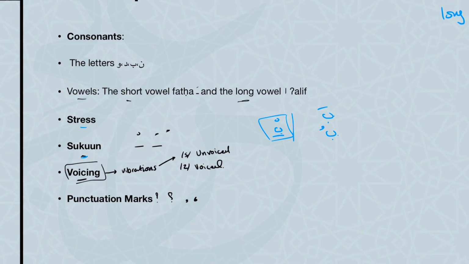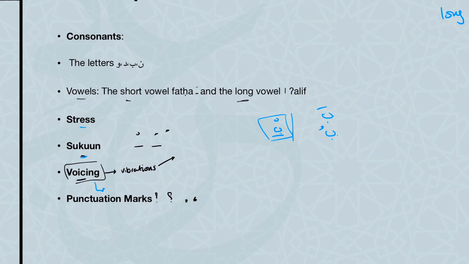And then we learned a concept called voicing. Voicing is a very fun concept that you can experiment with in your free time. Voicing in phonetics is your ability to produce vibrations in your voice box, in your larynx, or in the bony part of your neck. In the middle of your neck, there is a bony part that you can feel.